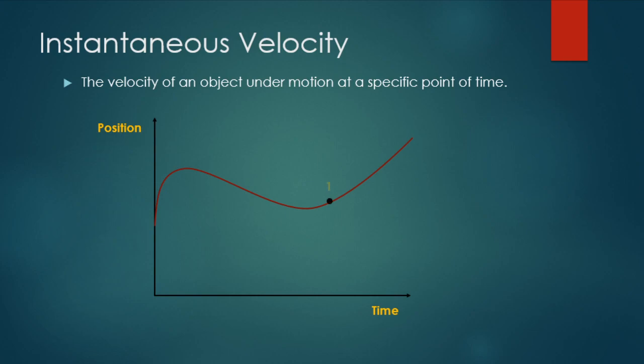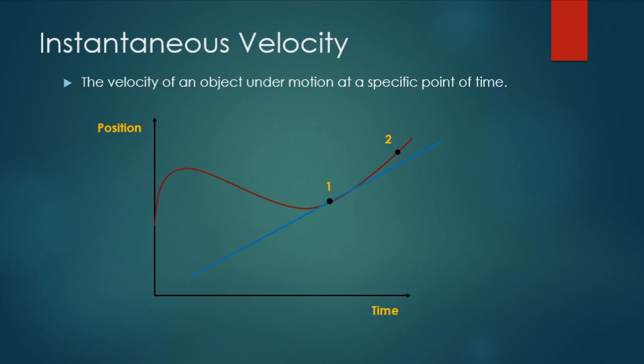Take point A or point 1, and point 2. At point 1, the velocity at that instant is the slope of the curve at that specific point 1.